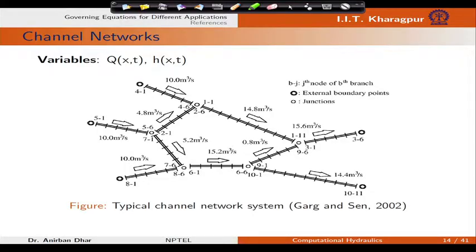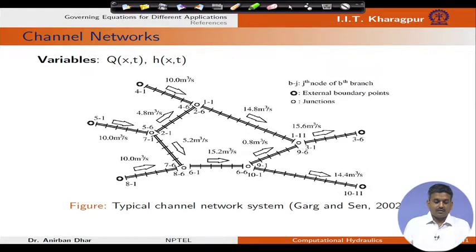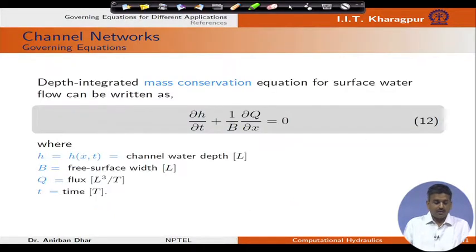If we talk about channel networks, similarly we need to define two equations, one for mass conservation and another for momentum conservation. In the mass conservation equation, del H by del T considers the change in channel water depth with time, 1 by B, where B is the free surface width, del Q by del X is the change with respect to the x direction.